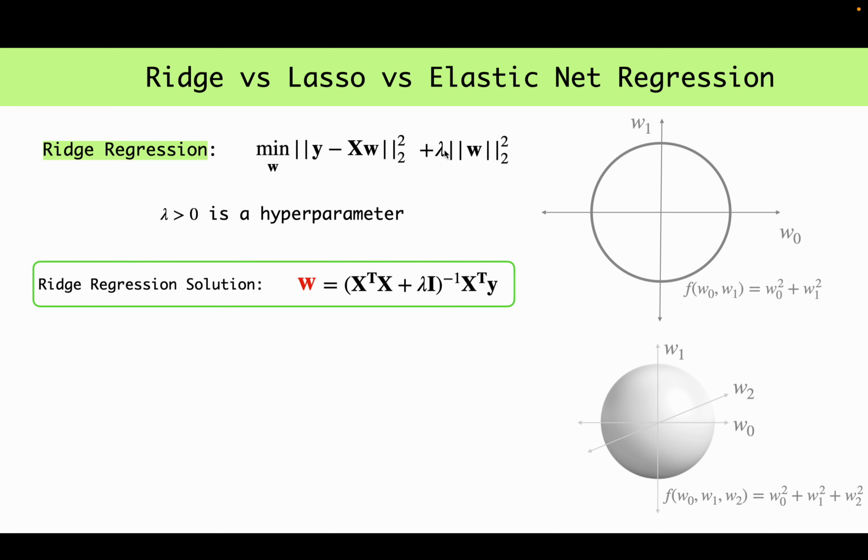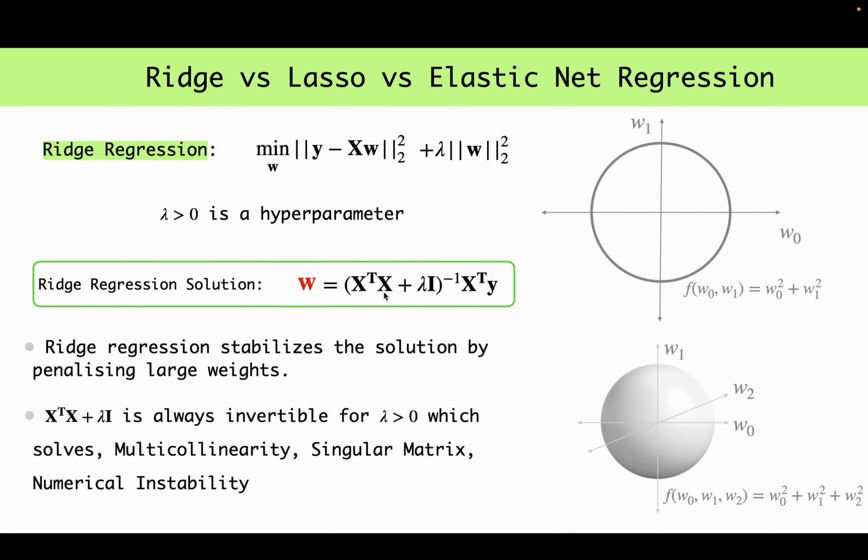If you choose a higher lambda value, the constraining of the weight vector would be weighed more, whereas minimization would be weighed less. In this way, we try to obtain the weight vector which not only minimizes the objective function, which is y minus xw L2 norm, but also constrains the weight vector.